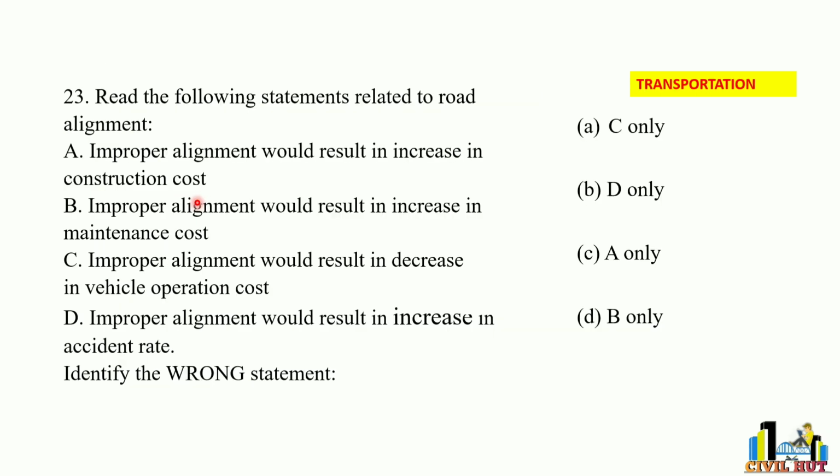Next one: read the following statements related to road alignment. A: improper alignment would result in increasing the construction cost. Yes, it is correct. Improper alignment would result in an increase in maintenance cost. Yes, that is also correct. Improper alignment would result in a decrease in vehicle operation cost.